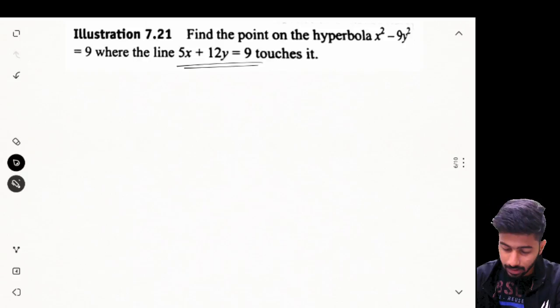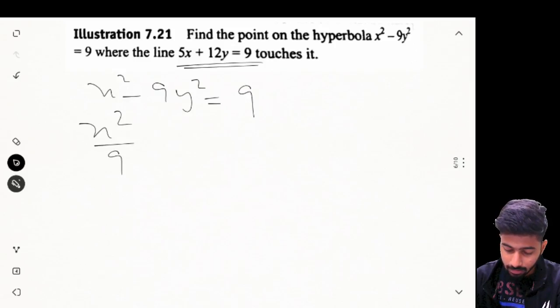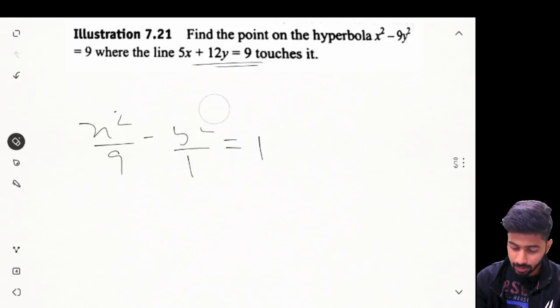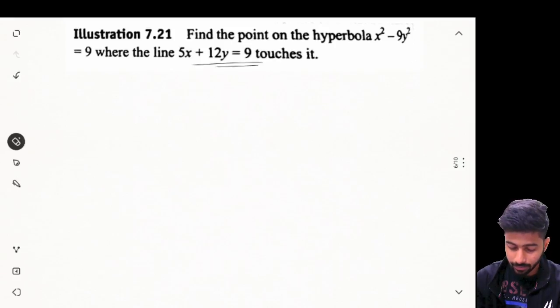So the hyperbola that you have is x square minus 9y square is equal to 9. So you have x square by 9 minus y square by 1 is equal to 1.